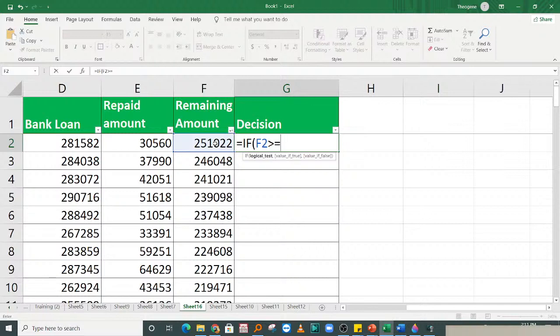So if this amount is high, greater than 100,000, comma, please make this person to be blacklisted.